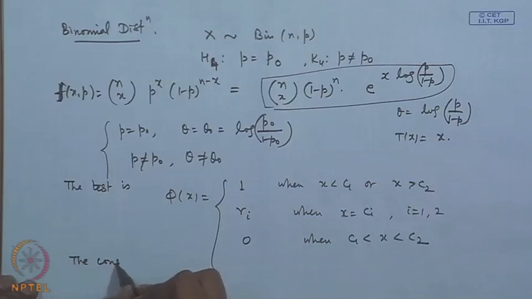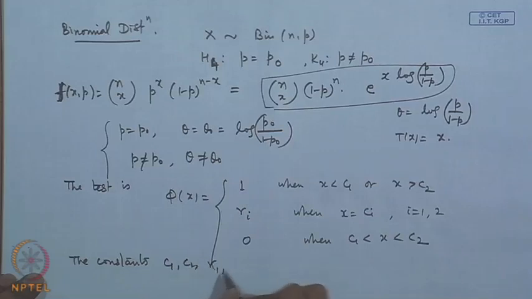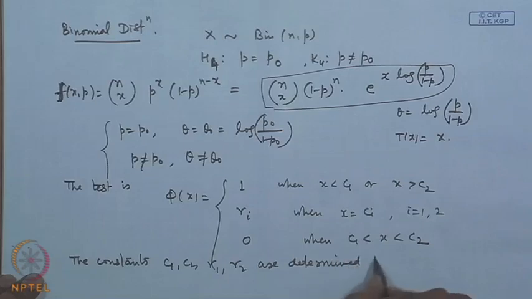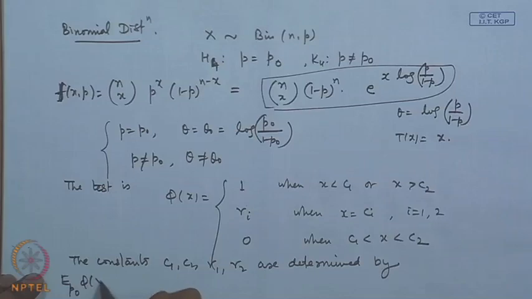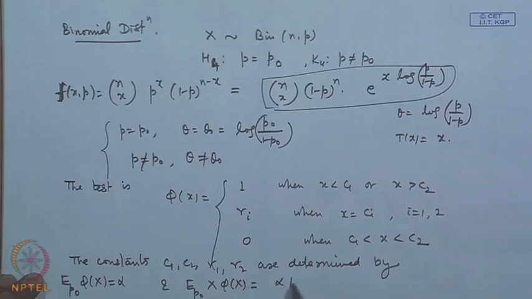The constants c 1, c 2, gamma 1, gamma 2 are determined by expectation under p naught of phi x equal to alpha and expectation of x phi x equal to alpha times expectation under p naught of x, and of course, expectation of x in the binomial distribution will be n p, so here it will become n p naught. Let me call these conditions 1 and 2.